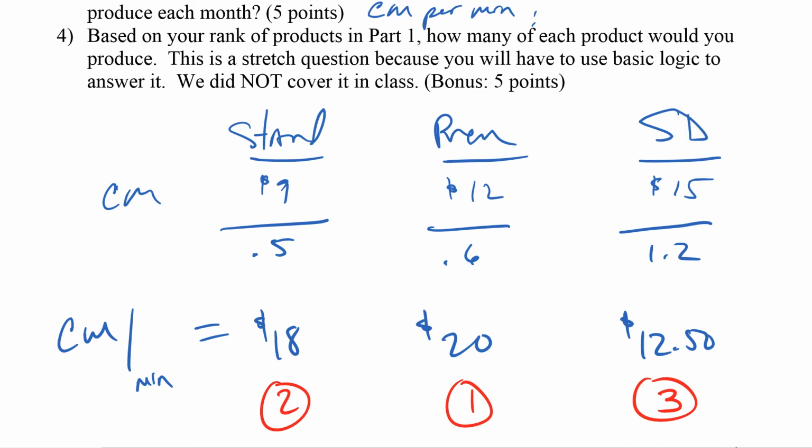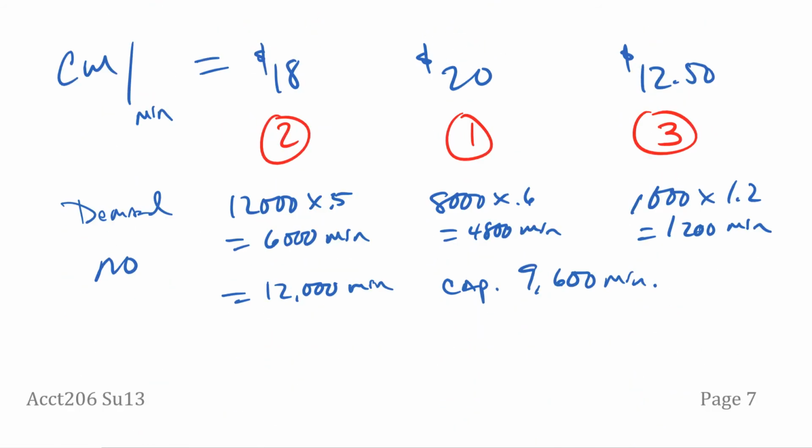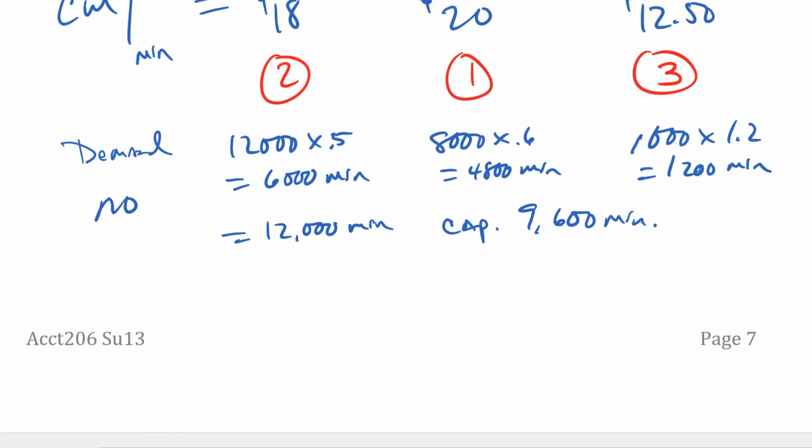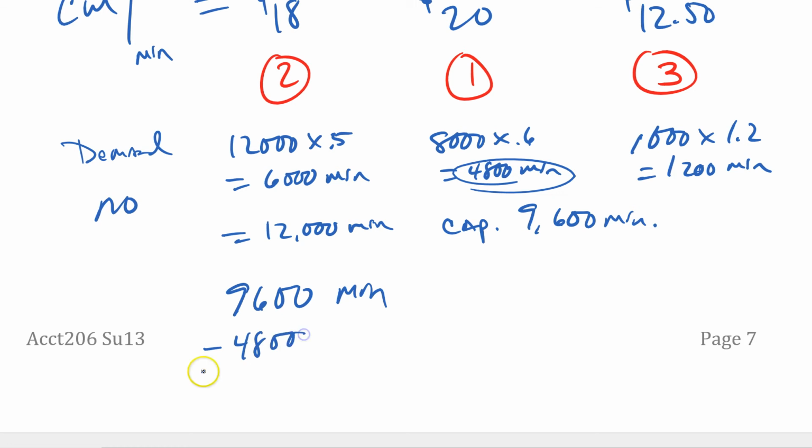And finally, number four, how do we know which we want to produce? Well, we want to produce all the premiums because that's the highest contribution margin per minute. So if I have 9,600 minutes available and I produce all 8,000 of those, that's going to use up 4,800 minutes, leaving 4,800 minutes.